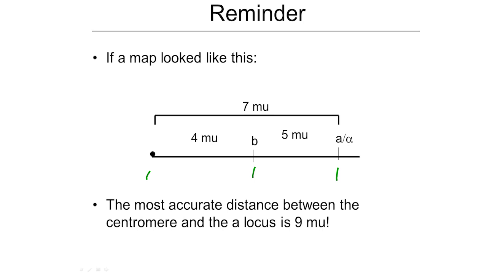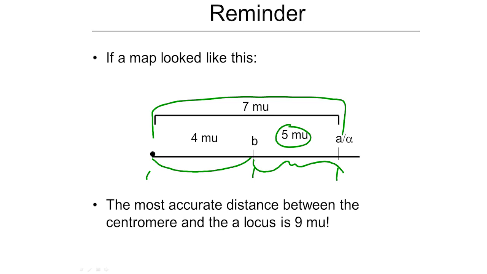I just want you to see this. The same principle applies in that if you calculated, like we just did, 7 map units between the centromere and the A alpha locus, but then you had other information independently, you found out through the NPD, PD, tetratype method that B and A loci were 5 map units apart, and then by the method we just used you found out that B and the centromere were separated by 4 map units. The smaller distances are still more accurate, and it's for the same reason.